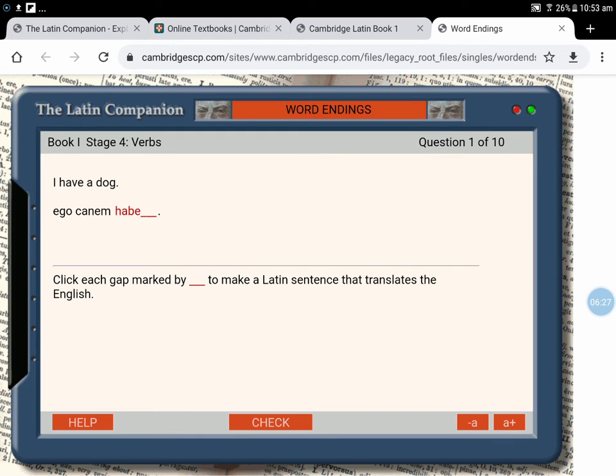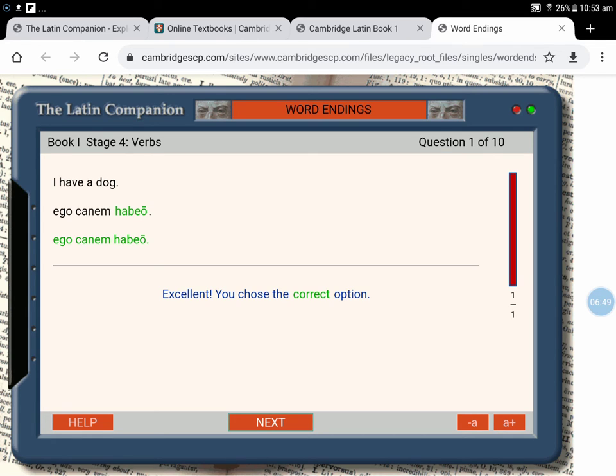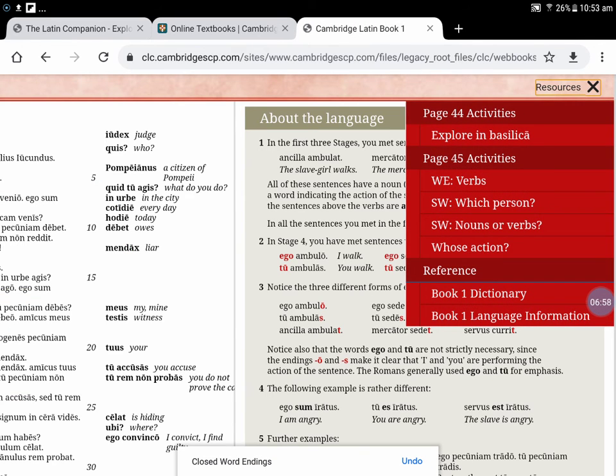If we click on that, a sentence comes up in English and you have to translate it into Latin, and you have to choose between habes and habeo. Well, ego, habeo. O on the end means I, so I click on habeo, I check that, and I chose the correct option, and there are more for you to do there. So that's word endings. Let's see what else we could do.